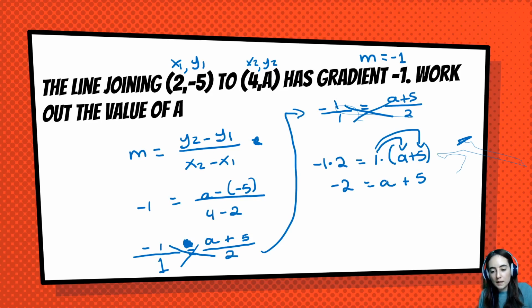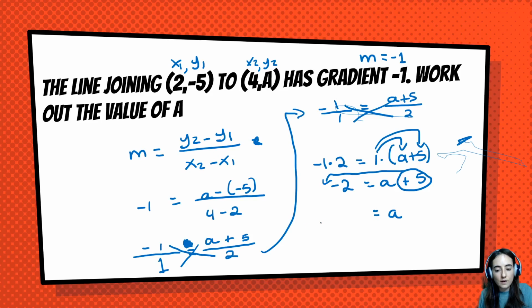But now we want to make a the subject, and when we want to make a the subject, it means we want it to be positive. That's number 1, and we want it to be 1a. We don't want 2 a's. We want 1 positive a. Right now, it is on the positive side. It is a plus a, since there is no other sign behind it. So I'm going to write a, but I want to keep it on its own, which is why I'm going to kick this guy. I'm going to take it to the other side. But what happens when it goes to the other side is it changes its sign.